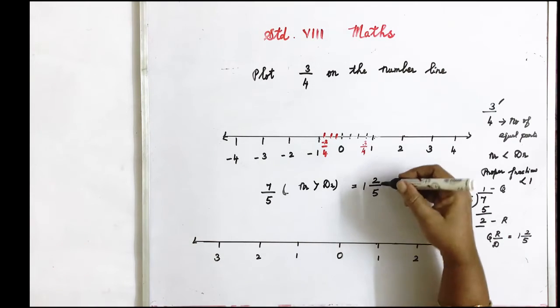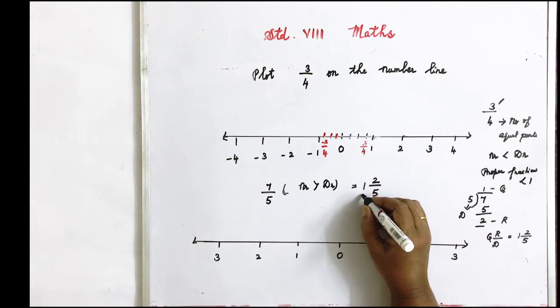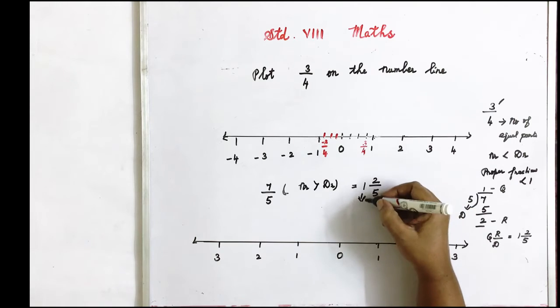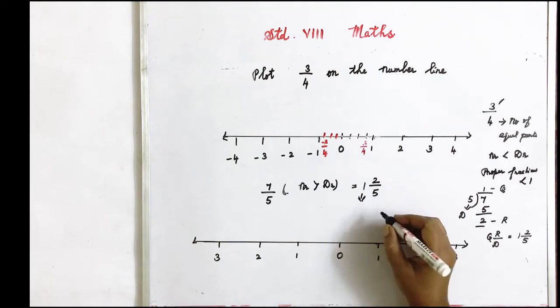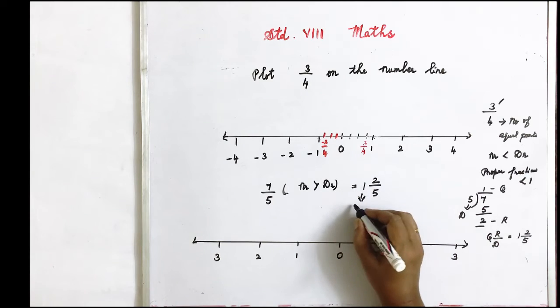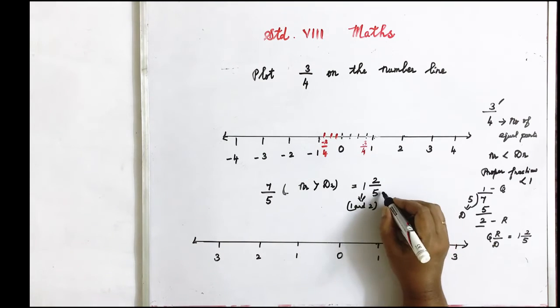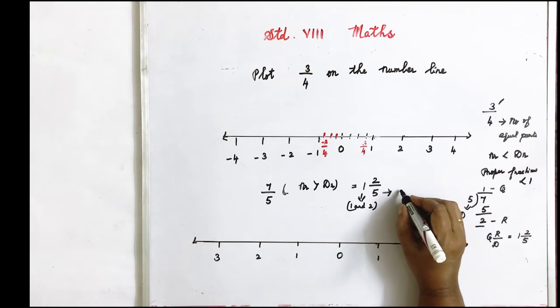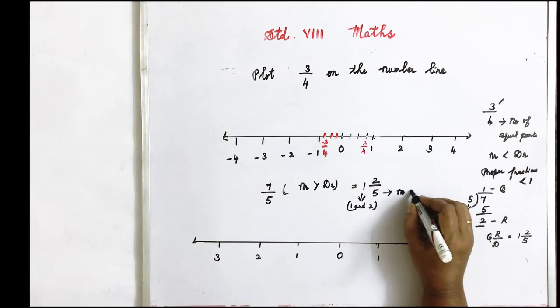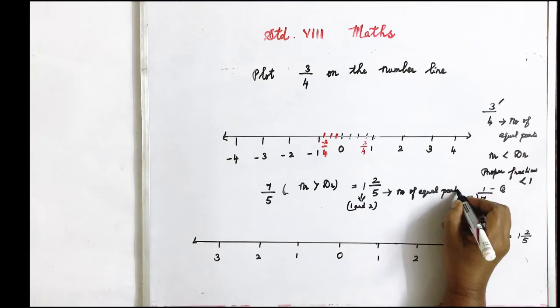Now here we have a whole number part and a fractional part. The whole number part tells us where we have to mark the position of this number. That is, we have to mark this number between 1 and 2. And this 5 tells us the number of equal parts.